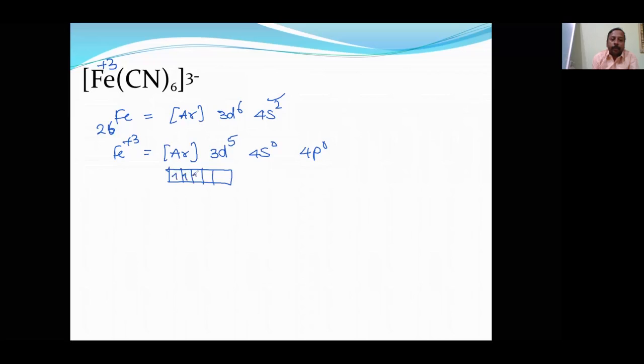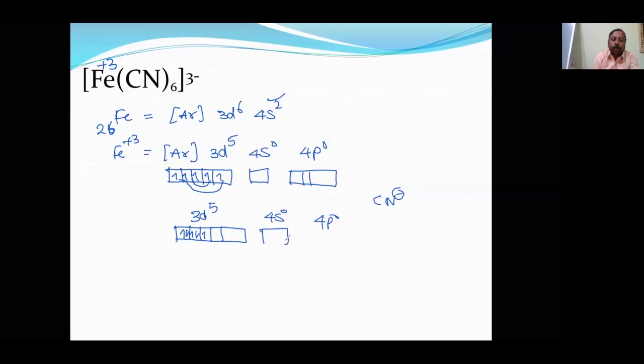This is the best possible chance, but the problem is that CN is a strong field ligand. In the presence of CN minus, the electrons pair up. So 3d5 remains 3d5 only, but the configuration will change like this. They want this pair, 2 orbitals empty. Now 4s0, 4p0.